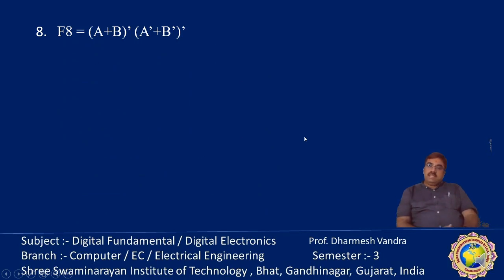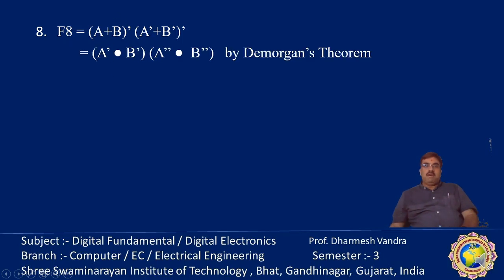Here, this is the complement function. Both are the same: (A or B) whole dash, and the second one is A dash or B dash whole dash. So De Morgan's theorem will be helpful. As per De Morgan's theorem, (A or B) whole dash will become A dash, where the operator OR is replaced by AND, and B dash.